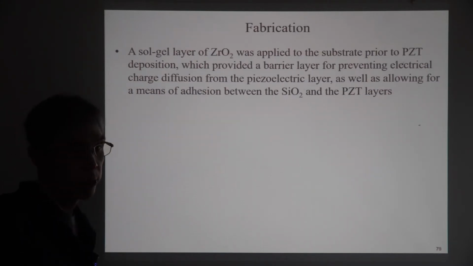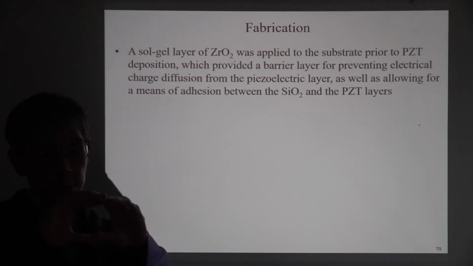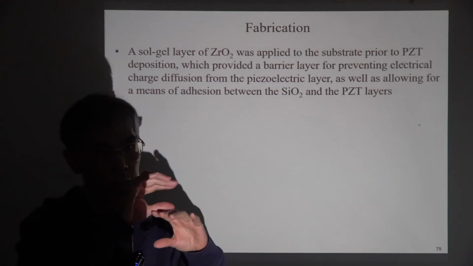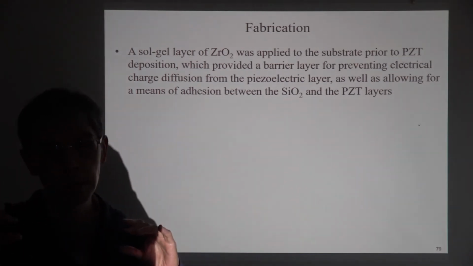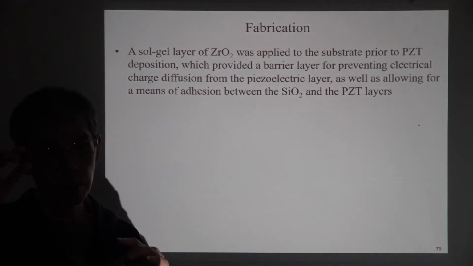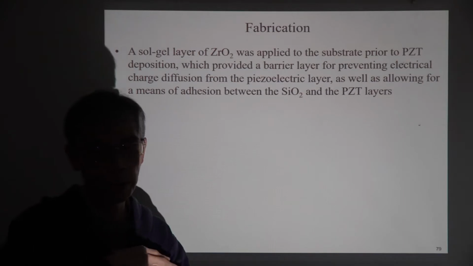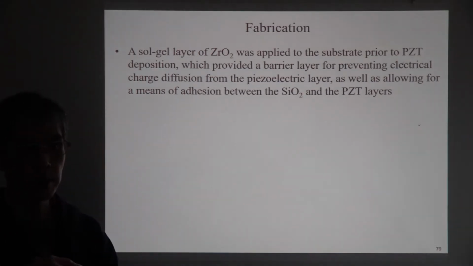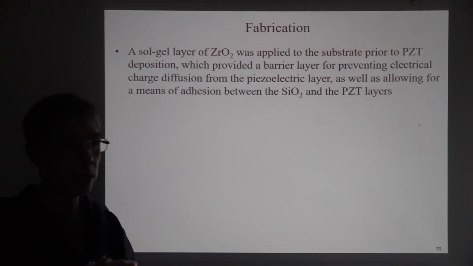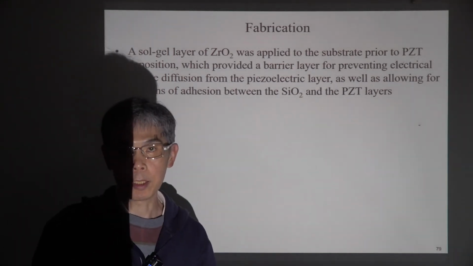So during fabrication, because they use the silicon wafer, and we have silicon dioxide. For PMN-PT, to form a composite with the silicon and silicon dioxide, the adhesion between PMN-PT and silicon dioxide is not good.